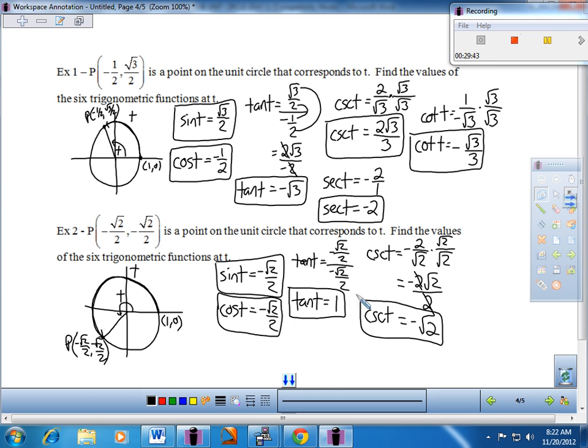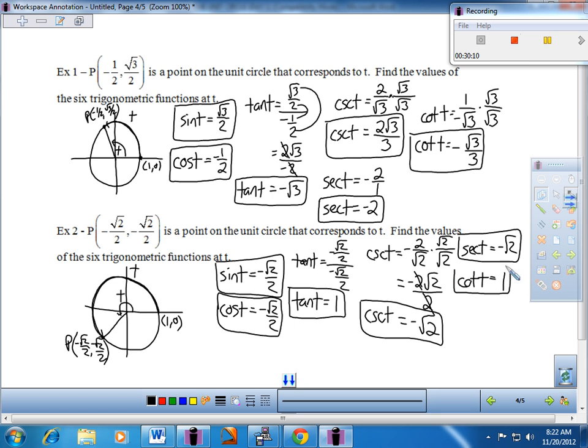Okay, good. Let's see. It looks like same deal with secant of t. Hope you don't mind me shortchanging it here, but you would do the exact same thing. So you'd flip that cosine value. And when you rationalize, you do get negative root 2. And then the last one, everyone, would be flipping the tangent value. And remember, the tangent value is 1. Flipping 1, everybody.